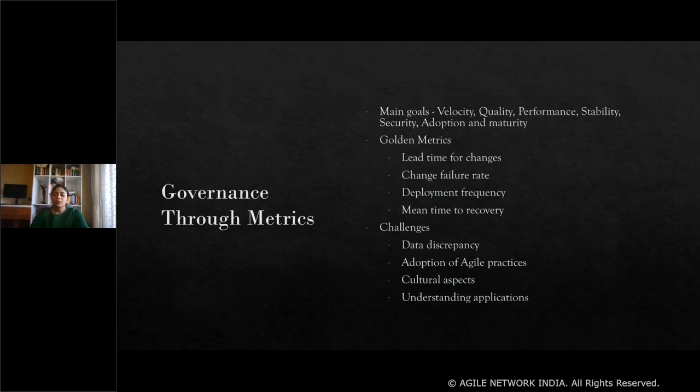All right, now let's see some of the challenges that the companies face. And these are some real-time challenges that I myself have faced. And if we are able to eliminate these through proper mindset changes, then really DevOps adoption and implementation becomes successful. So now we've spoken about the golden metrics.